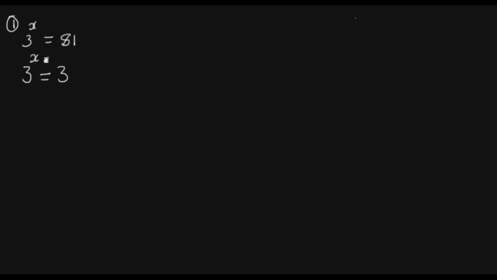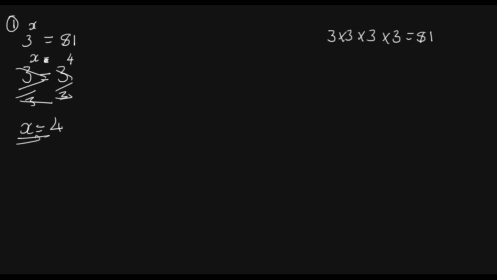So we can try by saying 3 times 3 is 9, times 3 is 27, times 3 is 81. So we need four 3's. So this is the same as 3 to the power 4. So since we have the same base here, we can cancel the base. So we can see that our x is equal to 4.